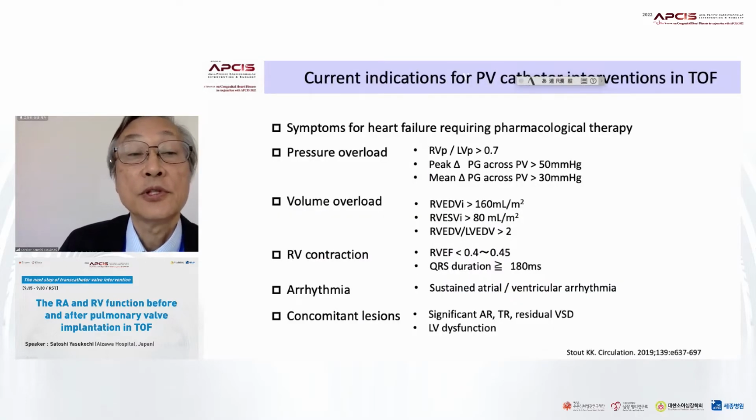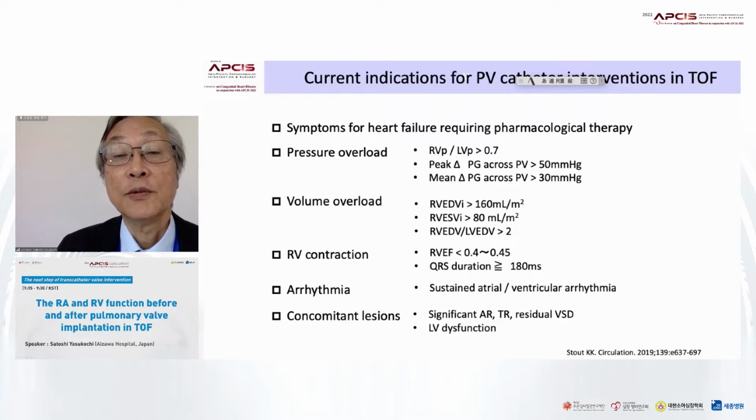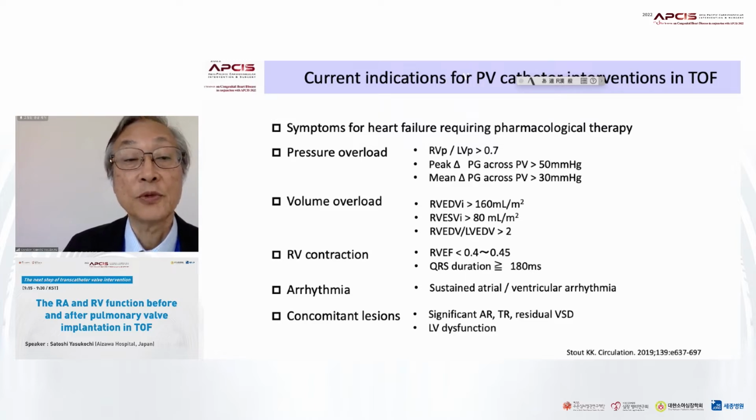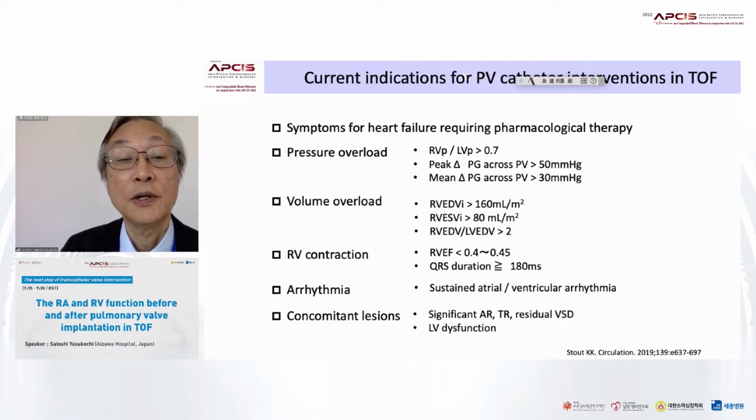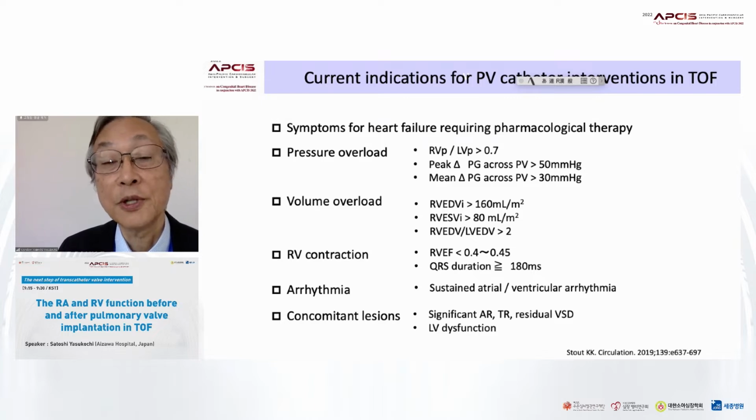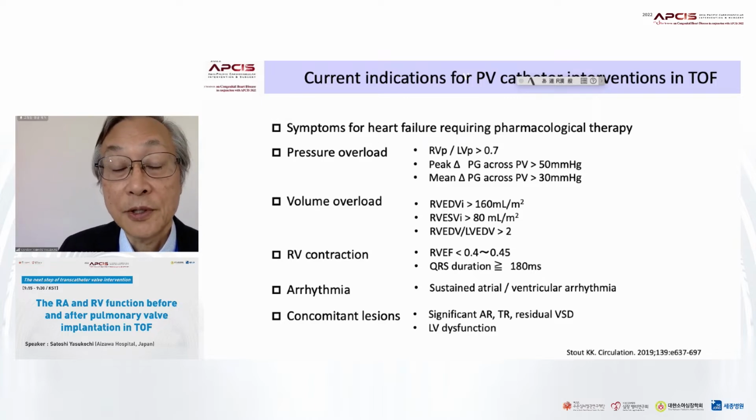This is the current indication for PV catheter intervention after repair of tetralogy of Fallot. Any patient with symptoms of heart failure requiring pharmacological therapy, or pressure overload with RV pressure exceeding 70% of left ventricular pressure.